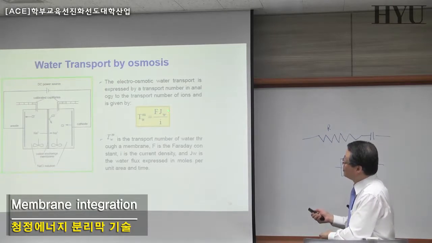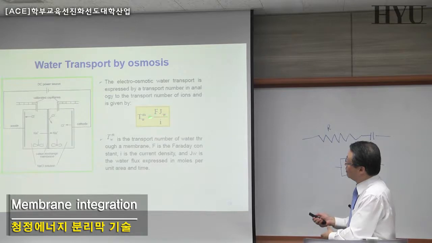JW is the water transport across the membrane, I think this is the current density, and F is the Faraday constant. So by knowing this flux of water, we can calculate the transport number of the water through the membrane.